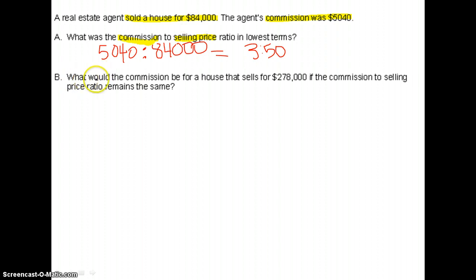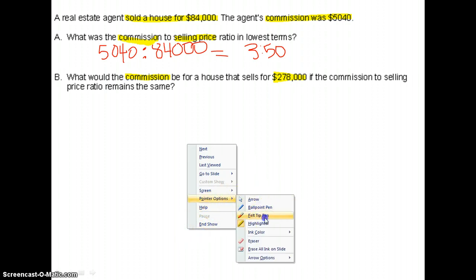Now the next one says, what would the commission be for a house that sells for $278,000, if the commission to the selling price remains the same? So we want to know what the commission is. So we're going to set up a ratio.